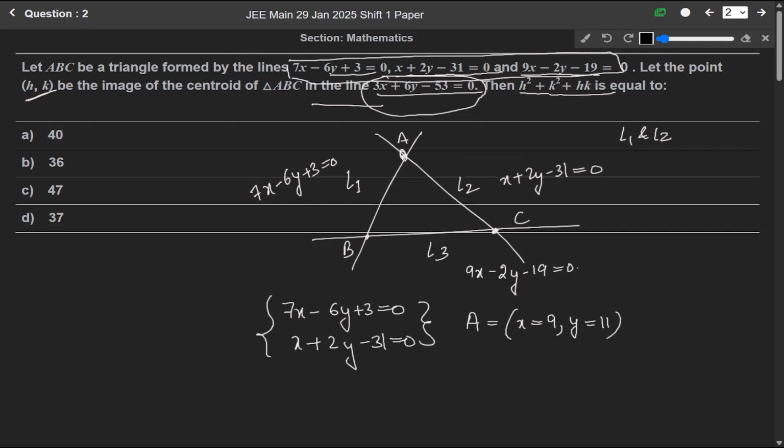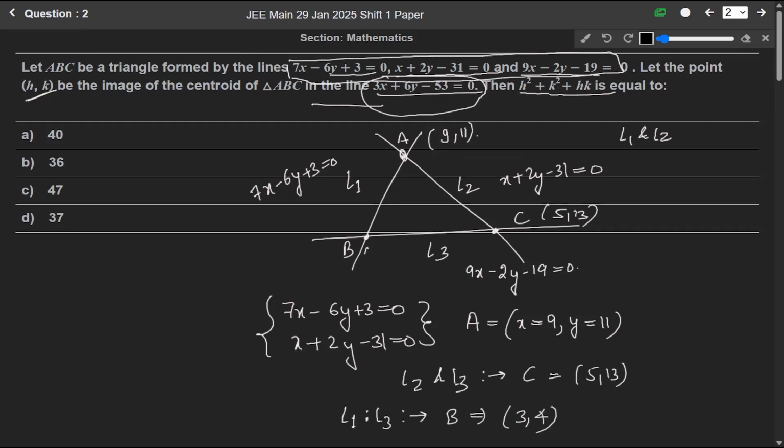So the coordinates of A will be (9, 11). Similarly, when we solve L2 and L3, we get C as (5, 13), where x is 5 and y is 13. When we solve L1 and L3, we get the coordinates of B as (3, 4).